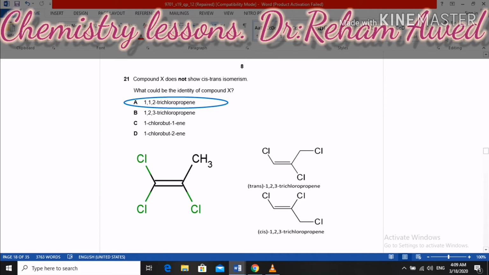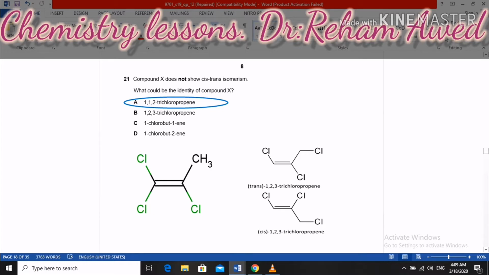With the restricted carbon atoms, if we have any change in the position of bulky groups, any change in the position of substituents, we will have new isomers. So we will start to draw the structure of our isomers. At first, 1,1,2-trichloropropene. In 1,1,2-trichloropropene, we have two chlorine atoms on the same carbon atom, and on the other carbon atom, we have one chlorine and one methyl.